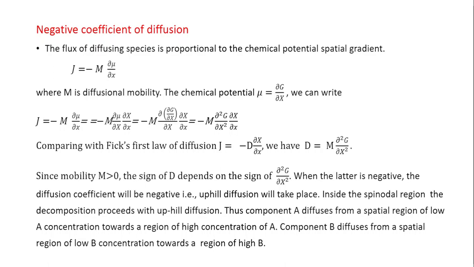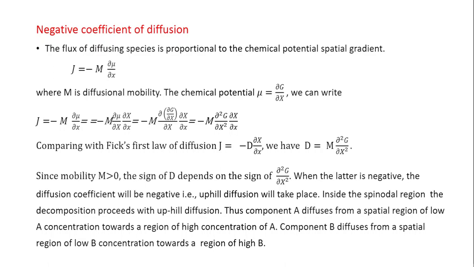So we can write J equal to minus M ∂μ/∂x, equal to minus M ∂μ/∂X multiplied by ∂X/∂x. By inserting μ equal to ∂G/∂X, this results in J equal to minus M multiplied by the partial derivative of ∂G/∂X with respect to X, multiplied by ∂X/∂x.